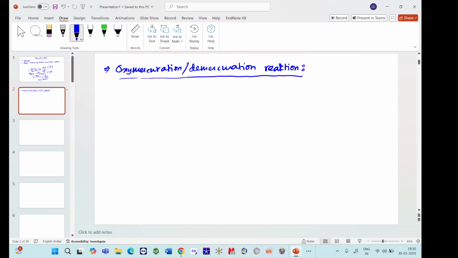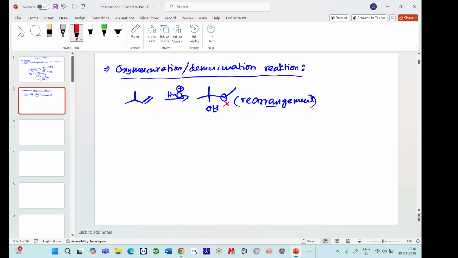Why is it important? Because, as we discussed in the previous class, if you do the reaction with hydronium ion in this case, there will be some rearrangement, and you will get finally the most stable product. But this position you cannot get your substitution.